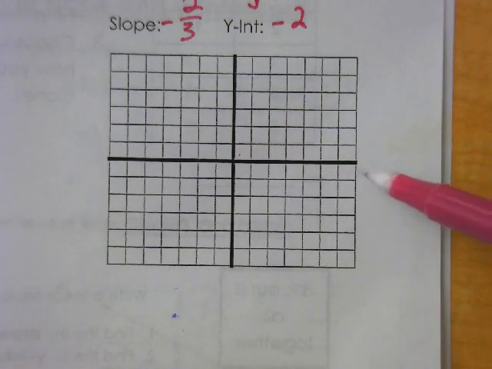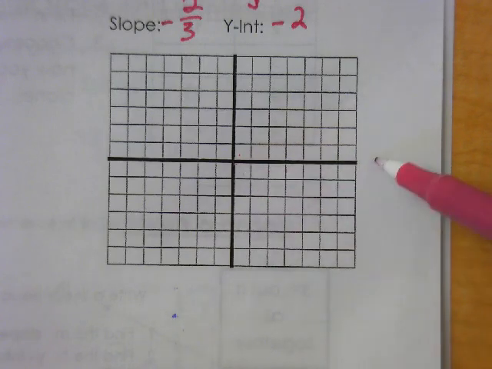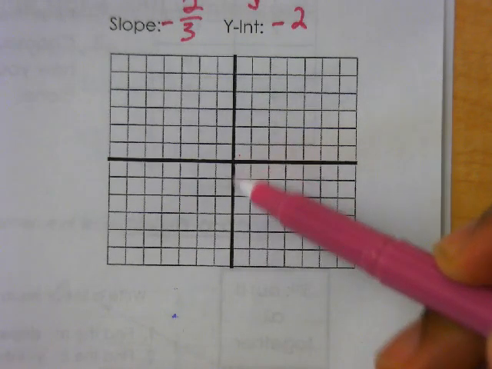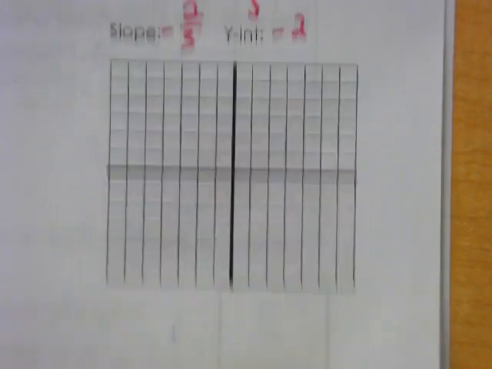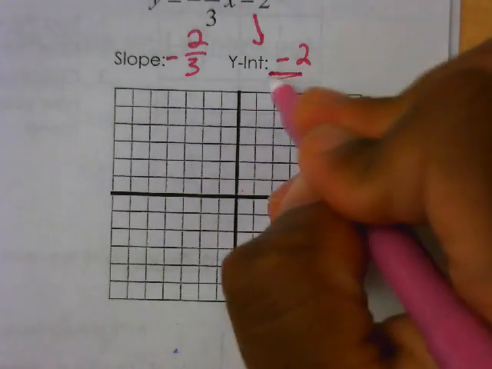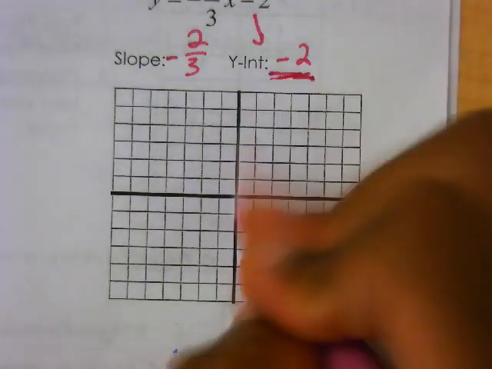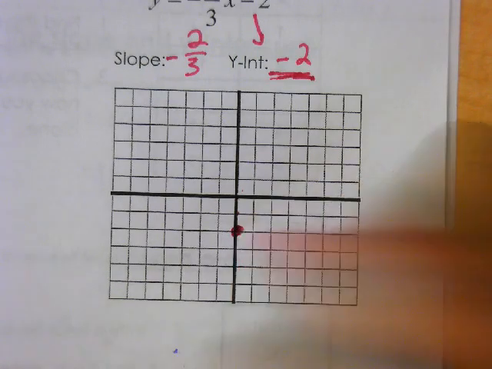It's like a number line. The negative numbers are below the center and to the left of the center. So we talk about this line starting at the negative 2. So we're going to go down 1, 2, and that's my negative 2 right here.